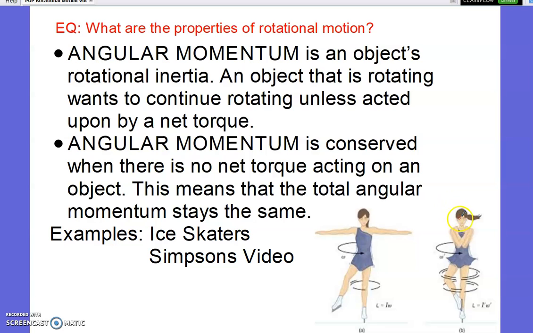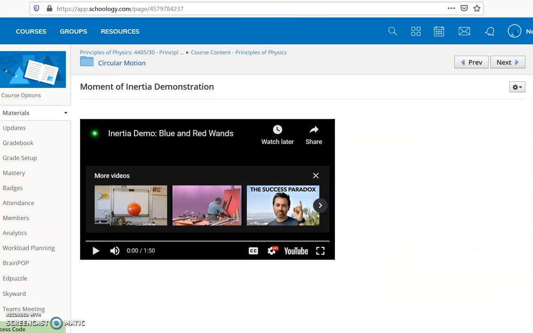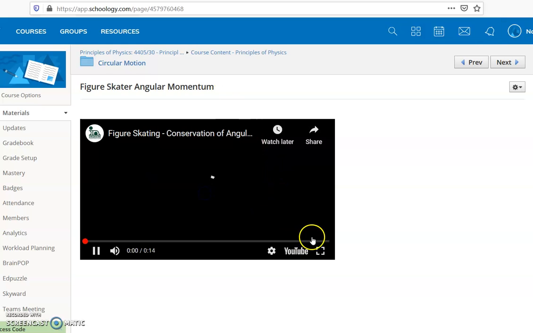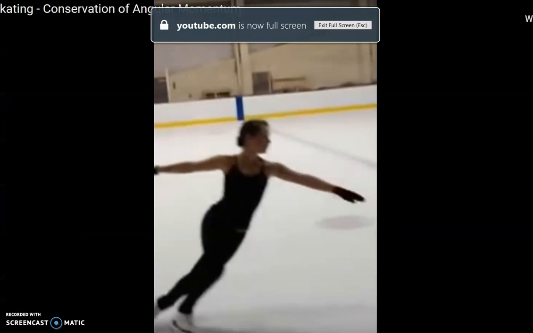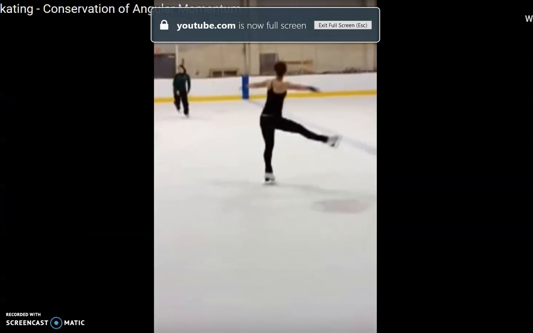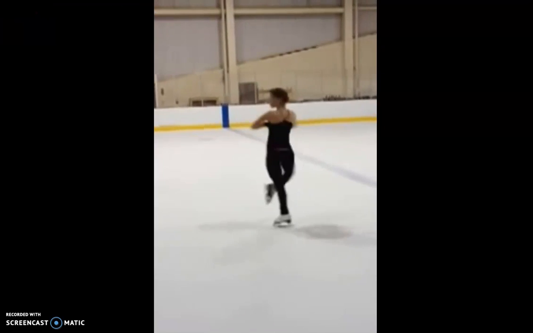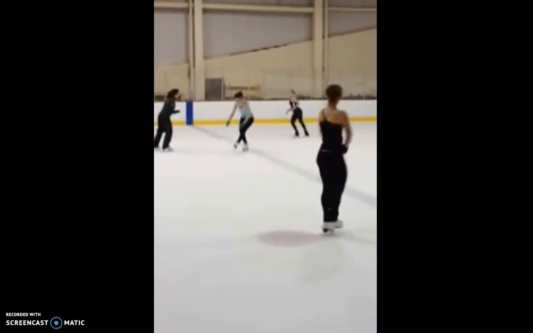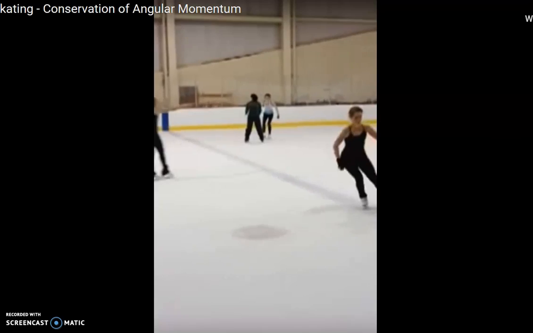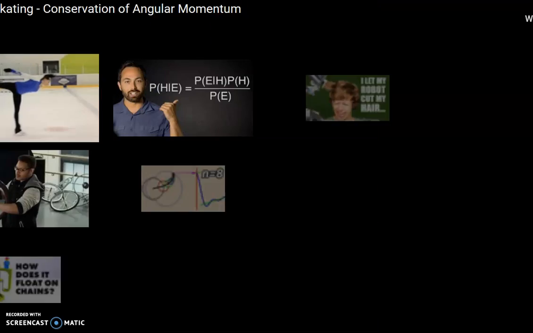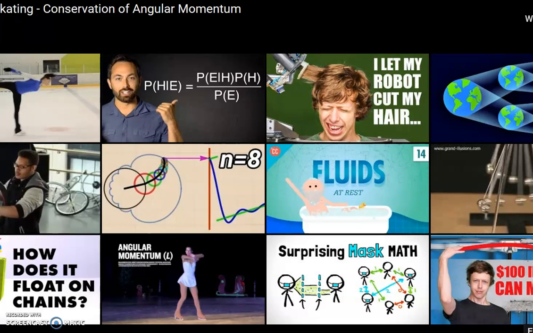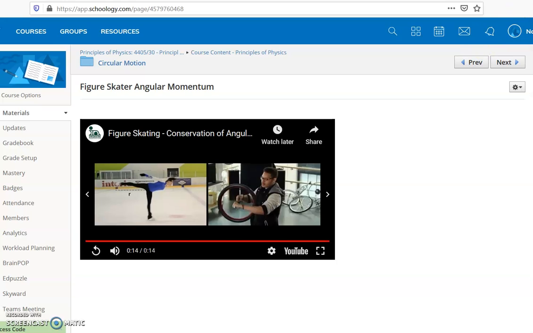To compensate for that, the skater's rotational speed is going to increase, as we can see from this demonstration here. We see as she brings her arms in, she's going to spin faster because we are reducing her rotational inertia, and by compensating for that, we are increasing her angular or rotational speed.